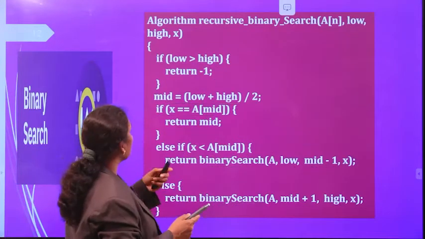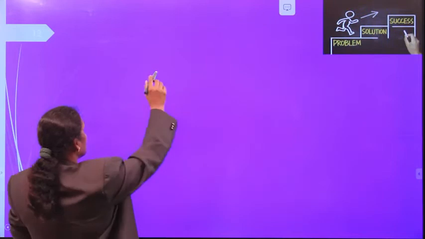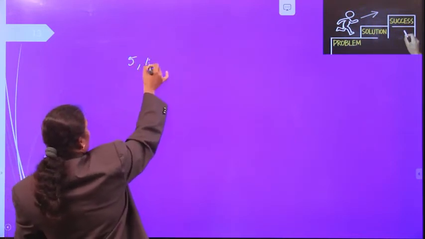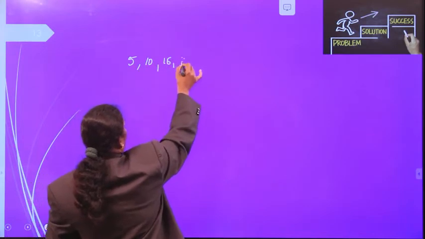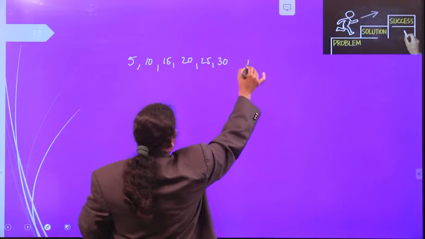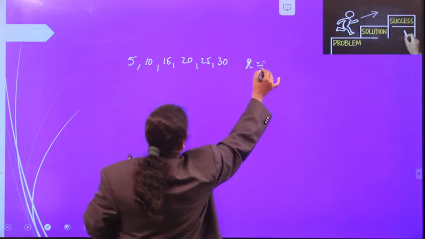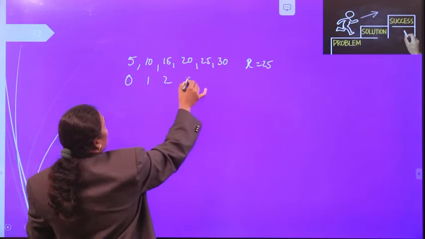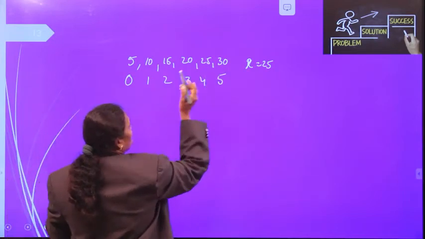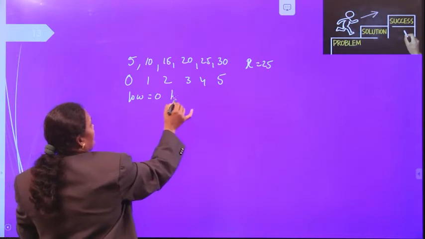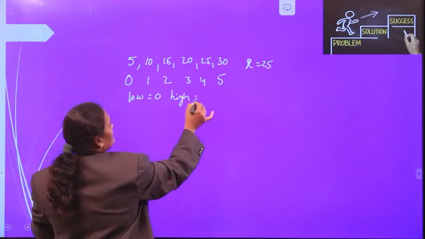Now, let us see the example for this recursive binary search. For solving this, I have taken an example which contains 6 elements, and here my search element is 25. The 6 elements' index values are represented from 0 to 5. Here low value is 0 and high value is 5.